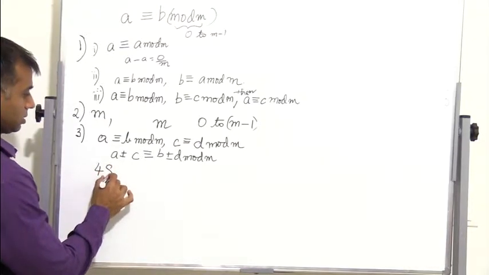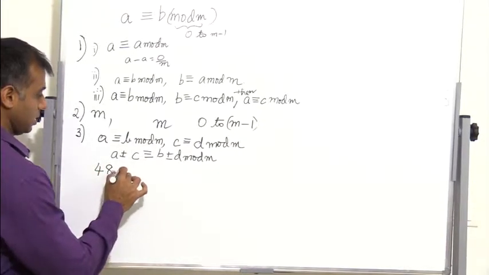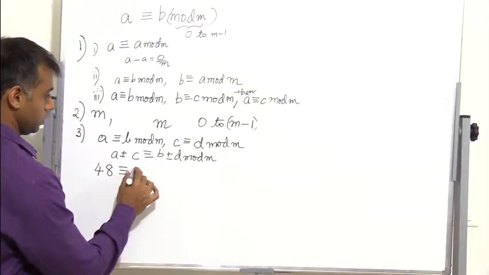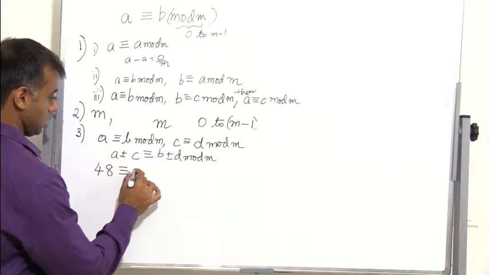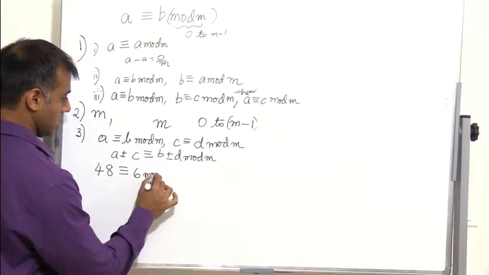So I have 48, which is congruent to 6 mod N.